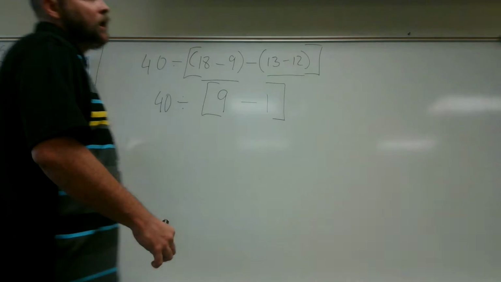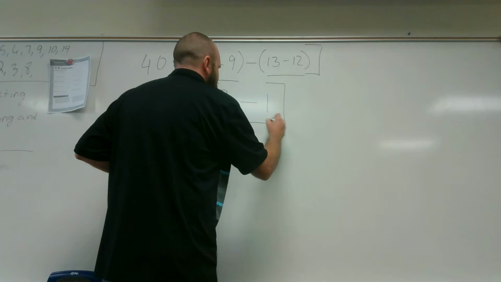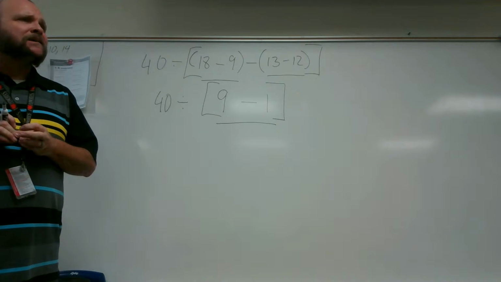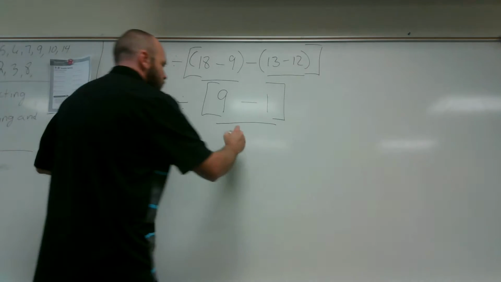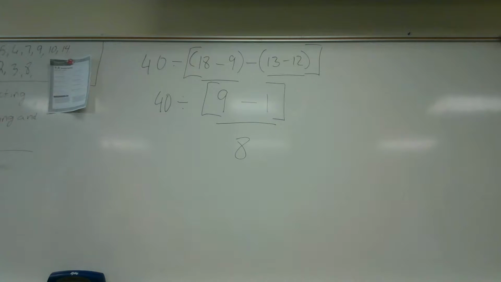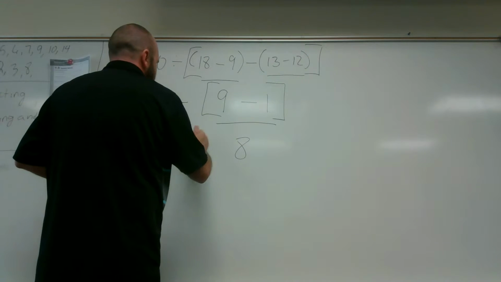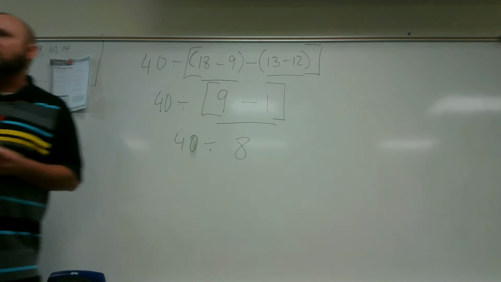Good. We're still working in the brackets. What is the difference between 9 and 1? 8. Now we've simplified inside the brackets all the way down, so we don't need to keep the brackets. We have not used our 40 divided by yet.